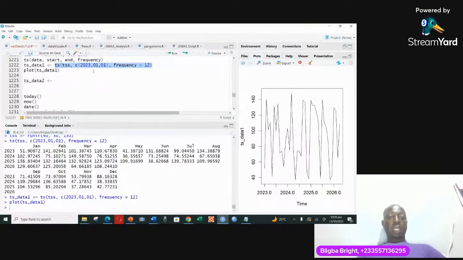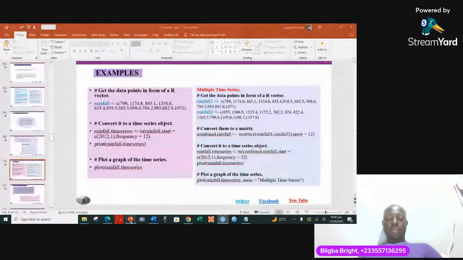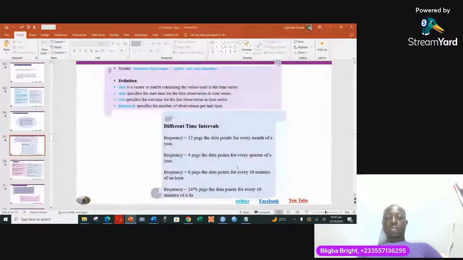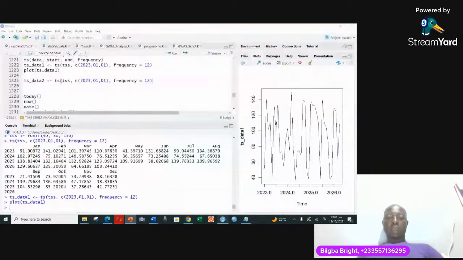I'm just going to copy that, and then I'll put it over here. But which particular frequency can we use now? Let's go to our arrow here, and I'm going to show you something. So let's say we are looking at it quarterly. So if we are looking at it quarterly, let's look at what is going to happen. So the frequency, if we are looking at it quarterly, I'll put here 4. So I'll put there 4.